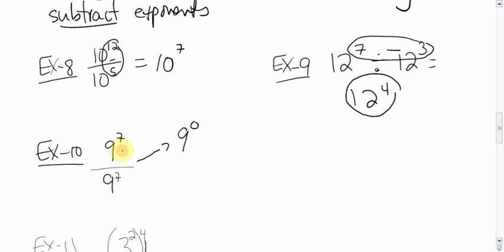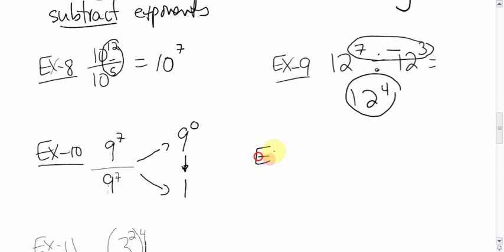Well, I don't know, it's just some big number. And 9 to the power 7 is that same big number. Well, when you divide a number by the exact same number, what do you end up getting? 1. So that's why anything to the power 0 is the same thing as 1.